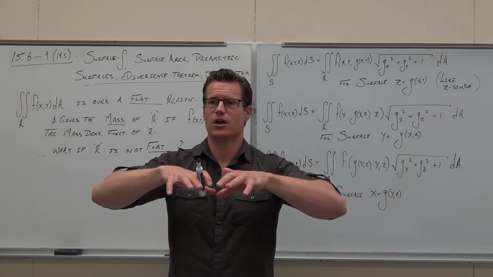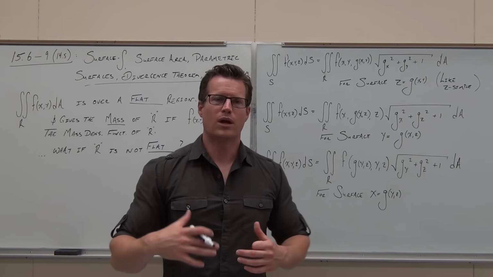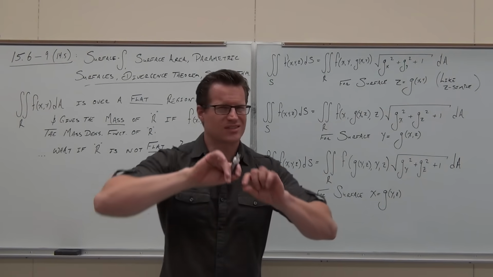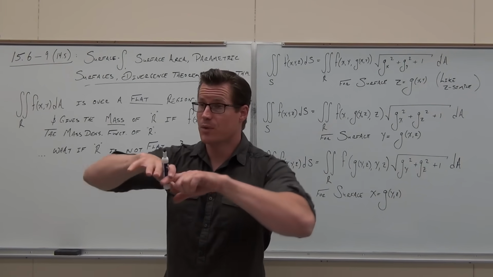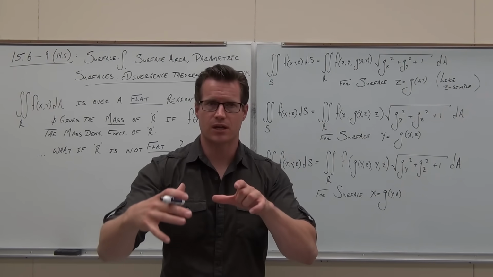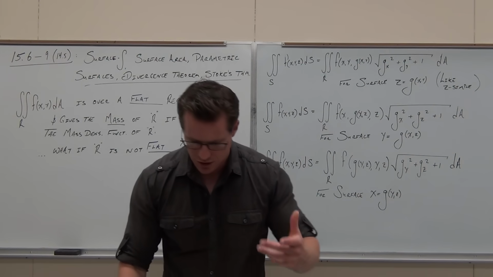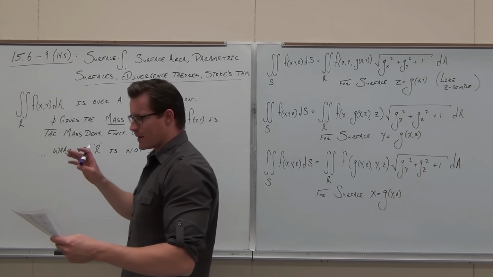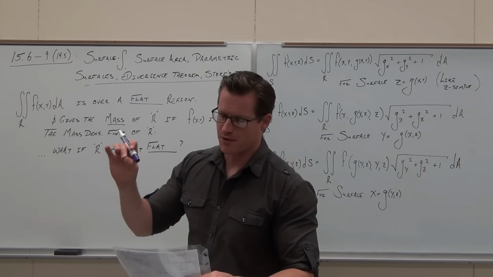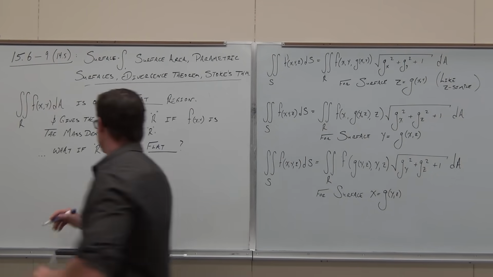R is now a surface. This is what we're going to be considering. What if the R that we have is still really thin, but it's no longer flat? It's a surface. That's what a surface integral starts to describe. How to do double integrals over a surface. And we'll talk exactly about what that means. So if R is still thin but not flat, then our region is actually a surface.